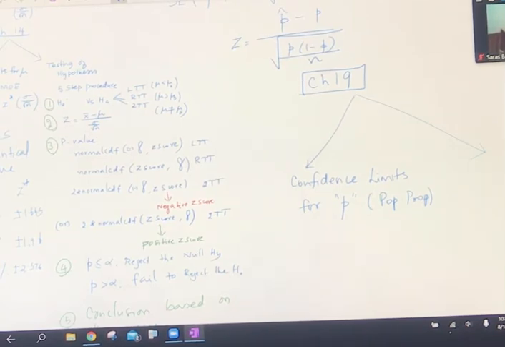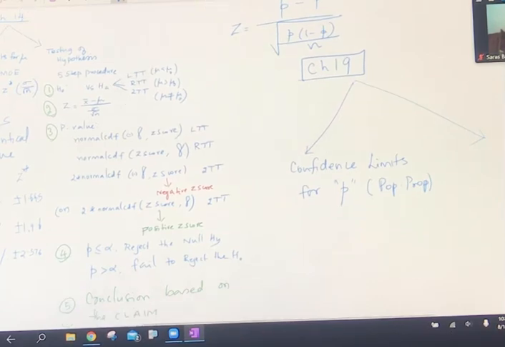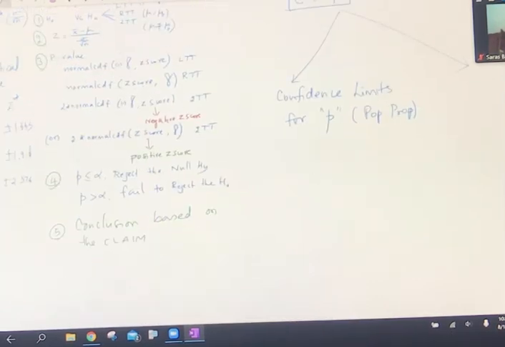So now here my goal is to find the confidence limits for p, the population proportion, assuming it is unknown. From the population, I can take as many samples as possible, and if I drop all the samples on my horizontal axis, every single sample is going to give me a different sample proportion, which is the p hat. So now I'm going to have a collection of p hats.